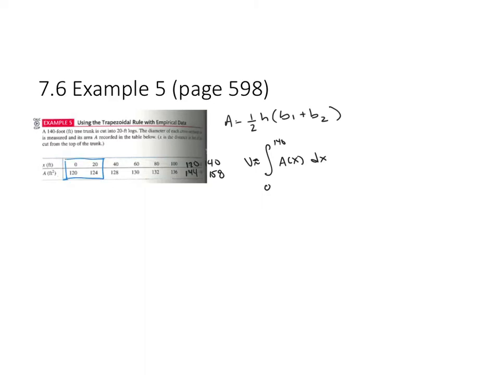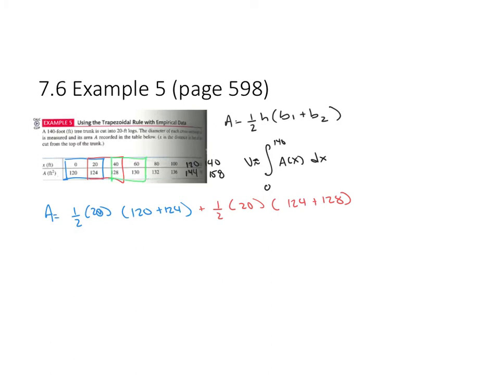In this first block, my width is 20, and my bases are 120 and 124. Again, that's just my trapezoid rule. In this next block, I'm going to go from 20 to 40. My width is 20 again, and 124 and 128 are my bases.